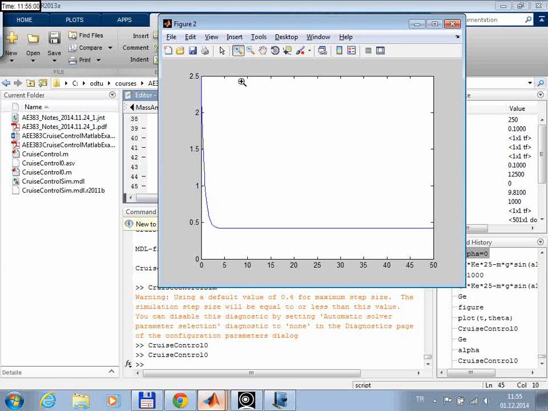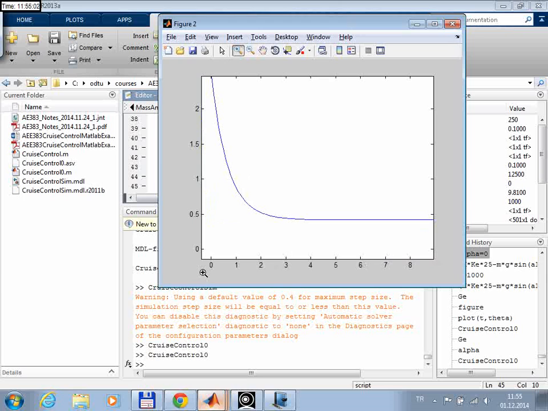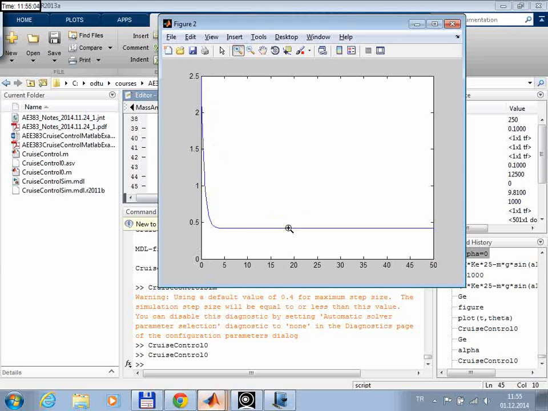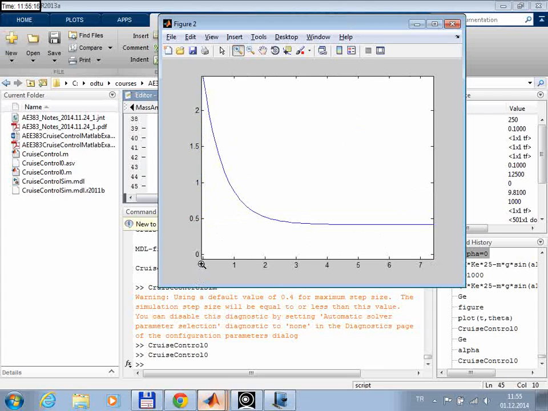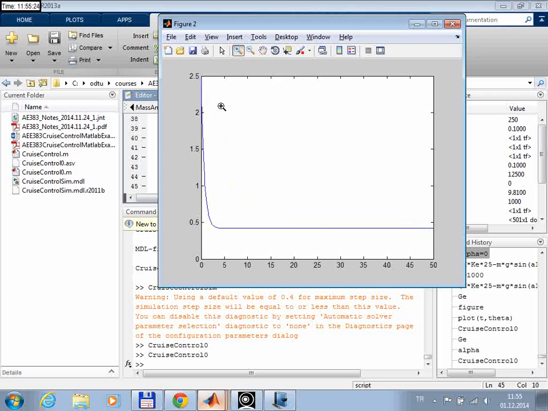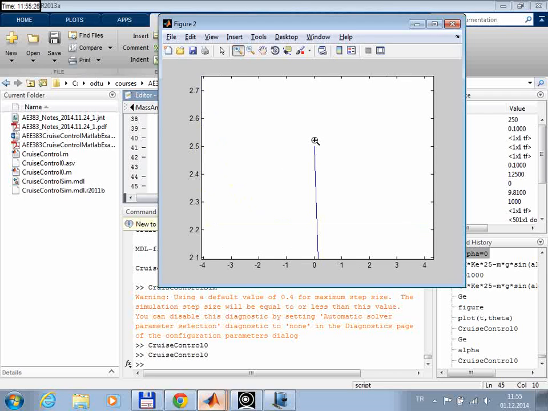Okay, so this is the gas pedal position. Apparently it doesn't start from 0, but whenever we give the command, the controller steps on the gas, and then the gas pedal position reduces and settles down at some value here. But when you look at the transient, you see that it reaches a value of 2.5.